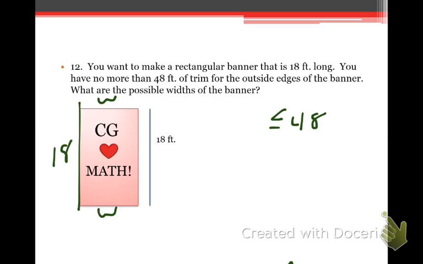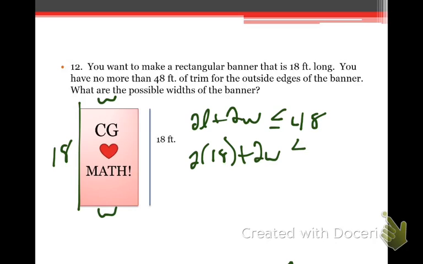If you're going to create a trim around this banner, we just add up all the sides, right? Or you can use that 2 times the length plus 2 times the width that we just used in the last problem. The length is 18. The width is just W. And then we're off and running and solving this inequality.